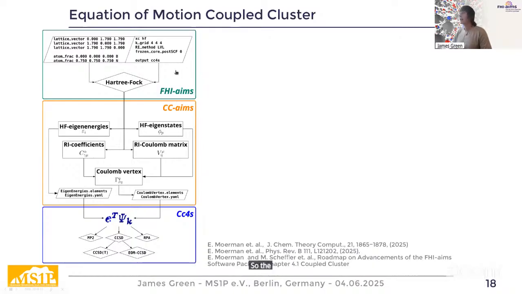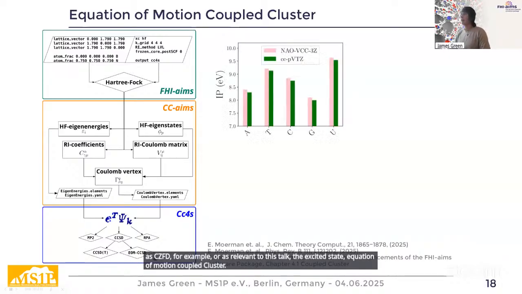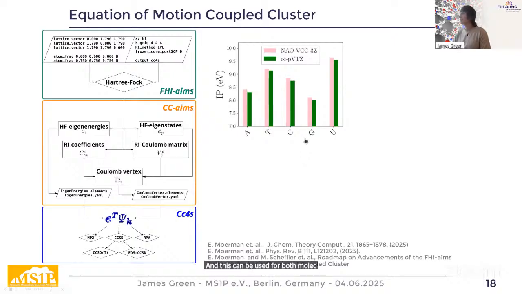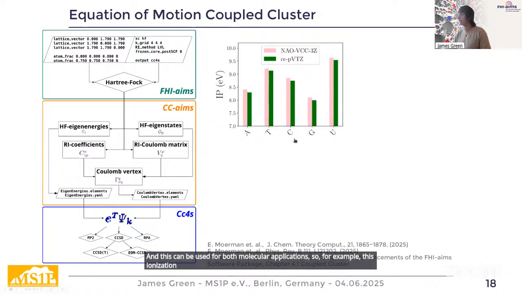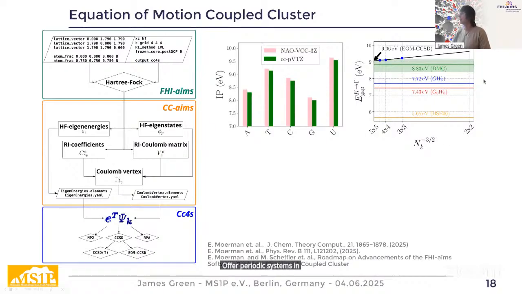The idea is FHI-aims would perform a Hartree-Fock calculation from which CC-aims would get eigenenergies, eigenstates, RI coefficients, and a Coulomb matrix, which is converted into a so-called Coulomb vertex, which is then passed to CC4S to do either these ground state methods, so CCSD, for example, or, as relevant to this talk, the excited state equation of motion coupled cluster. This can be used for both molecular applications, for example this ionization potential of the five nucleobases, or for periodic systems. In this example, an extrapolation of the band gap of hexagonal boron nitride.